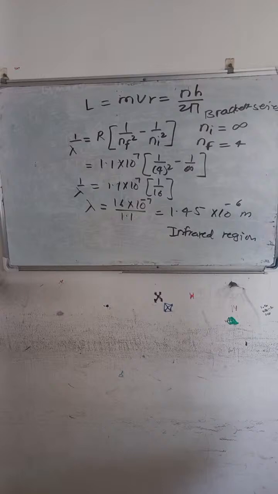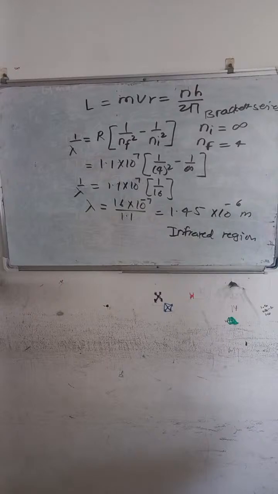Okay, so this is very important. See what they are asking here. A hydrogen atom initially in the ground state absorbs a photon which excites it to n is equal to 4. Whenever an electron transitions from a lower to a higher orbit, it always absorbs energy, and when it jumps from higher to lower, it emits energy.